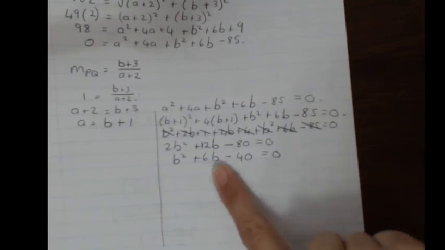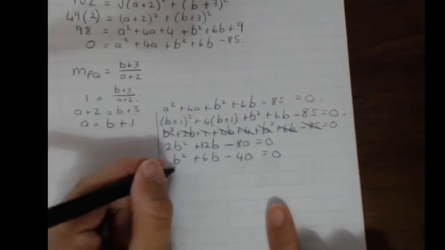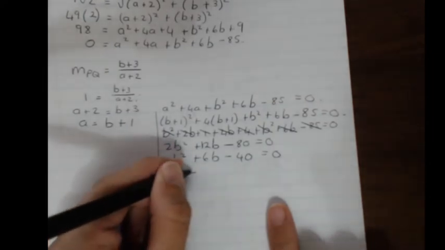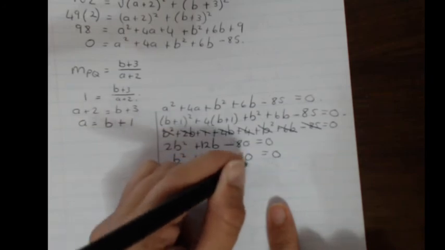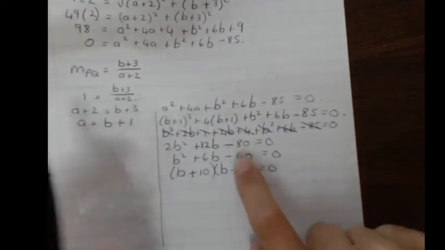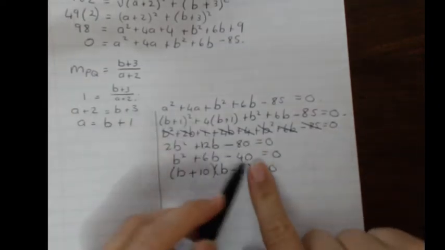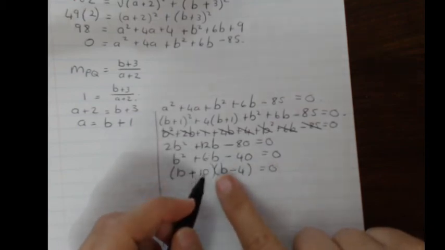Okay, and 8 times 5 is 40, which is not going to give me 6. 4 times 10. Okay, so I can factorize this. But if you don't feel like listing all of the factors of 40 and you don't find one fast that gives you 6, I just want to double check quickly.